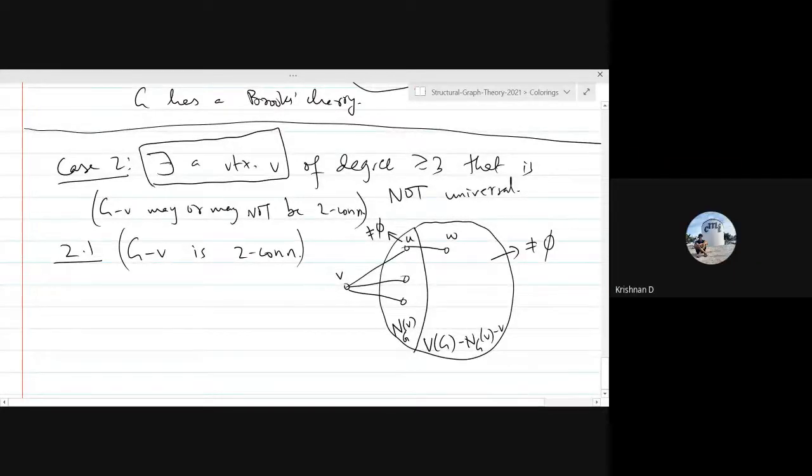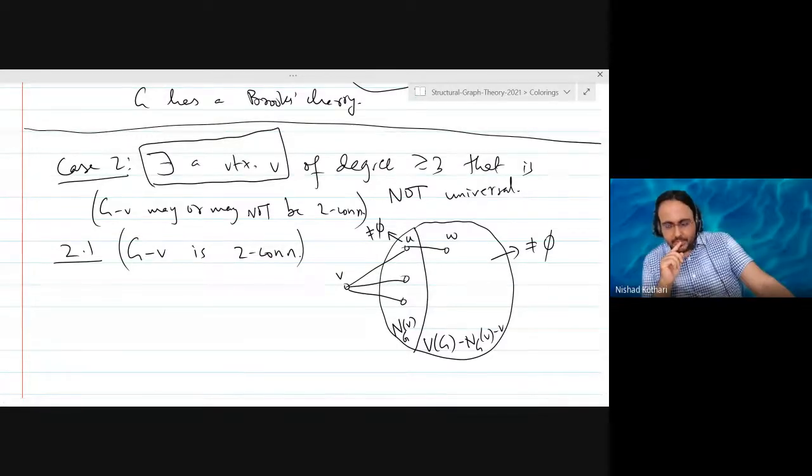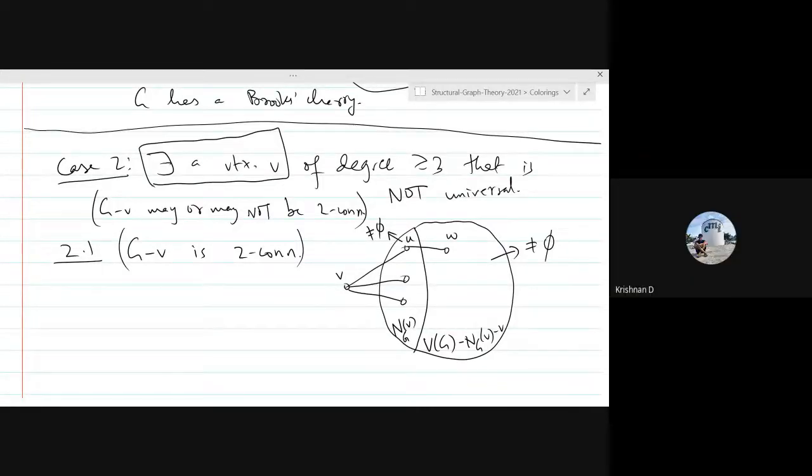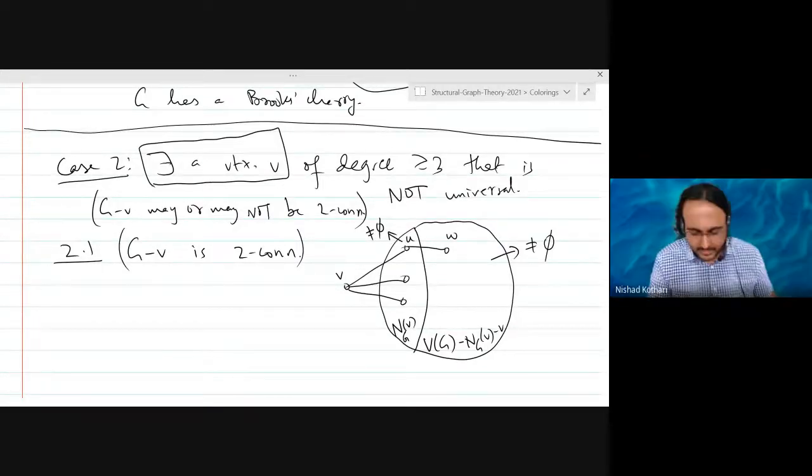V and W are not connected. Okay. So what's your Brooks cherry? My idea was U, V, and W. Exactly. UVW forms a Brooks cherry.